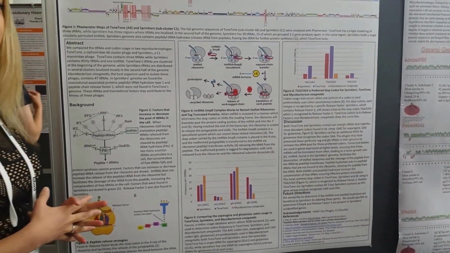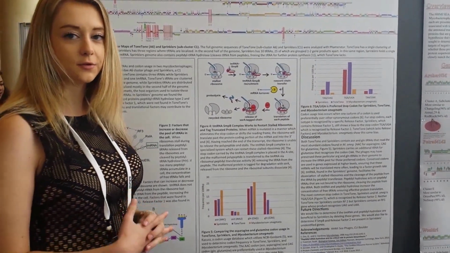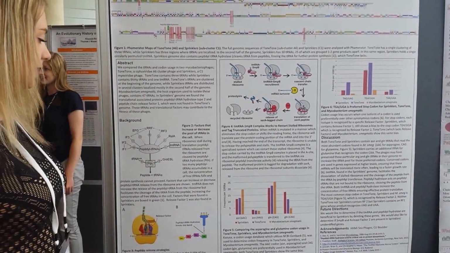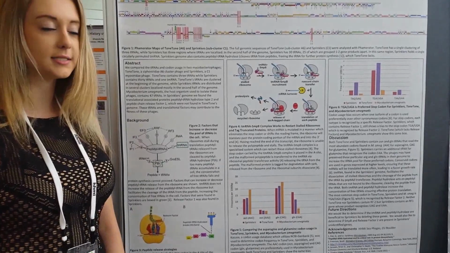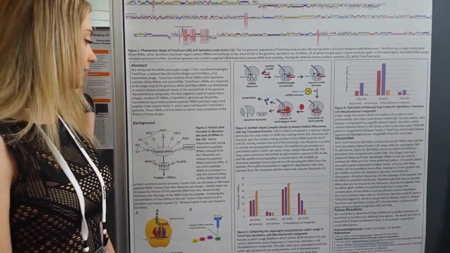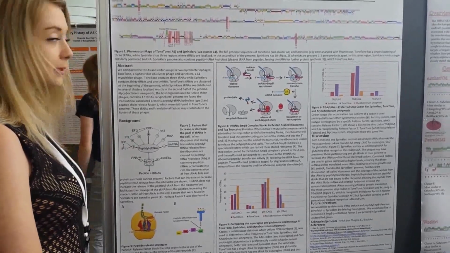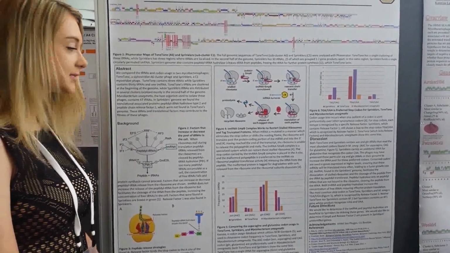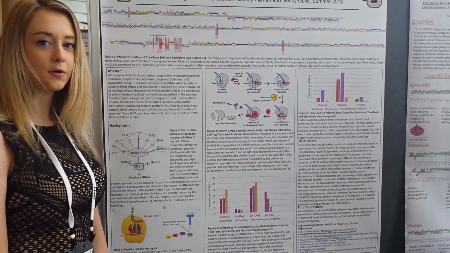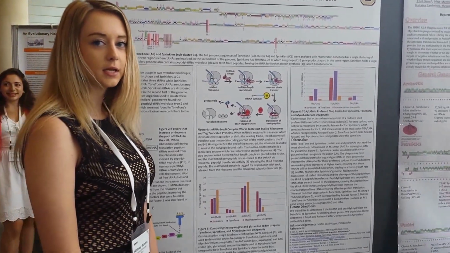Figure 5 was comparing the two types of disparity in codon usage frequencies. We used Kazusa, which is a codon database that outputs codon frequency, and we collected data for ToneTone, Sprinklers, and Mycobacterium smegmatis. ToneTone only contains 1 tRNA that reads a codon for asparagine and glutamine.